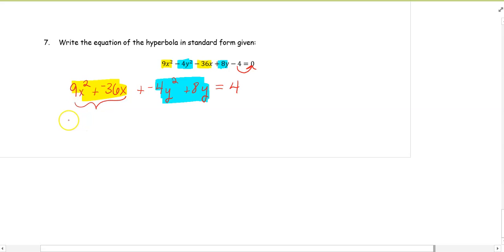And first thing I need to do is factor out 9. And then in the blue grouping, I am going to factor out negative 4. Because to complete the square, I need a leading coefficient.